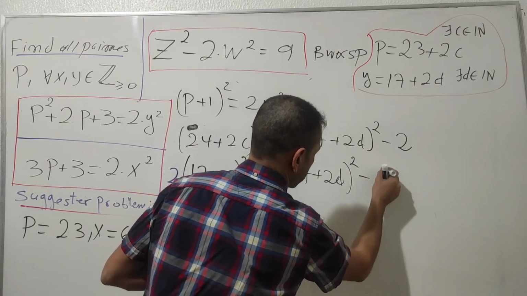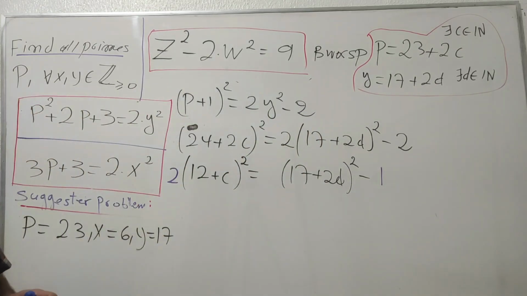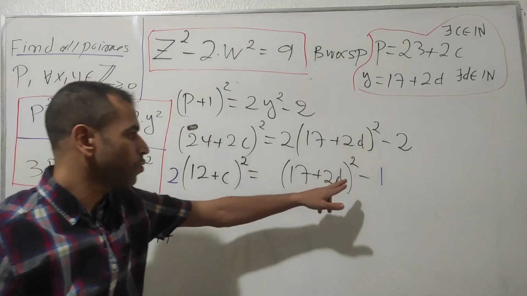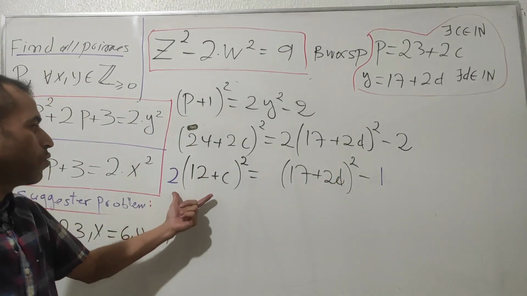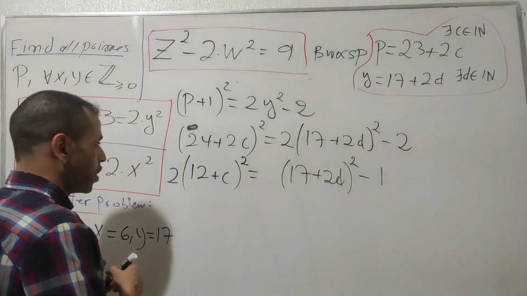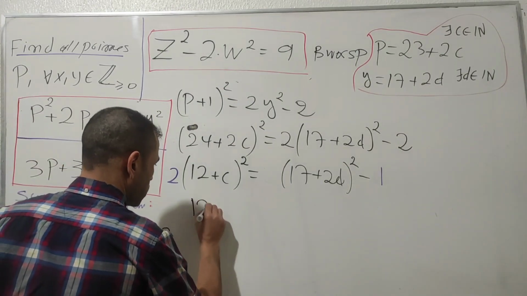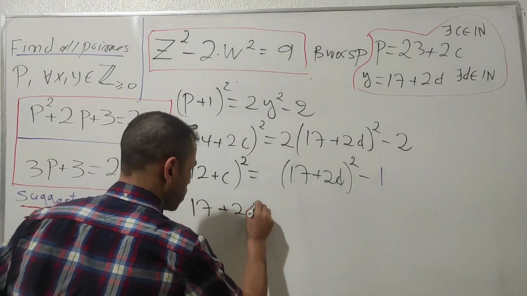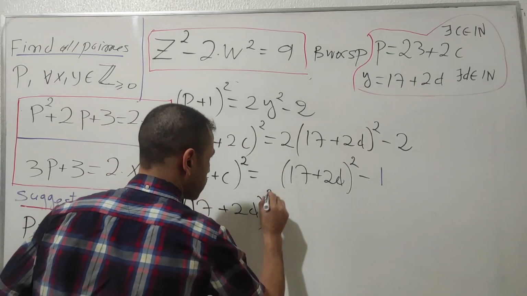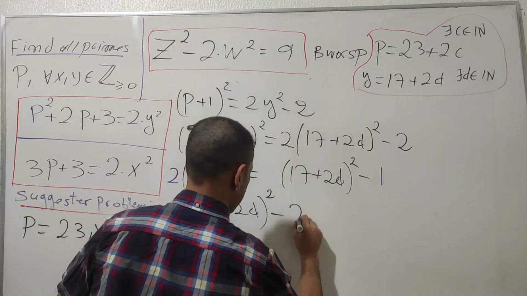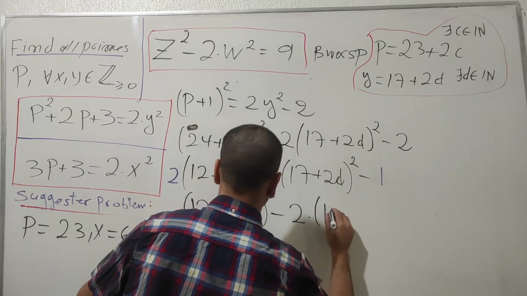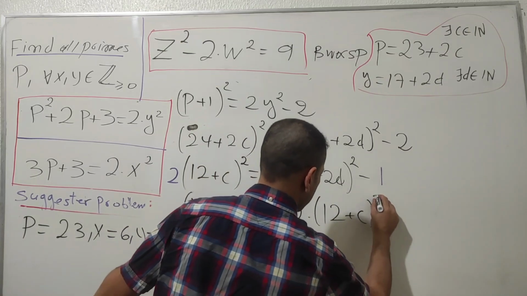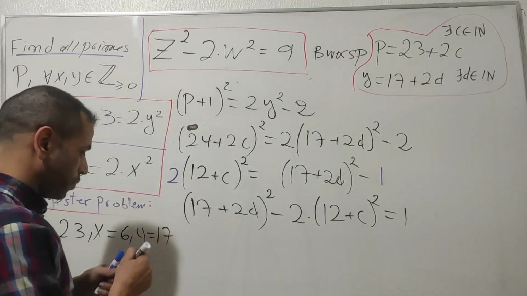Then I'm going to move this minus 1 to the left and move this term to the right. I will have a new equation: 17 plus 2d, quinary square, minus twice 12 plus c, quinary square, equals 1.